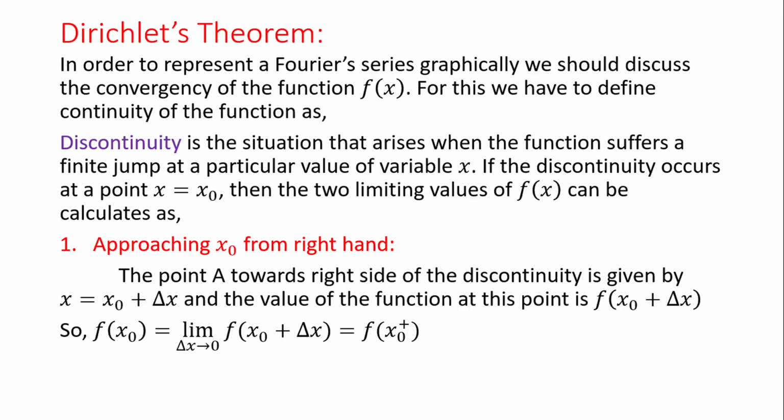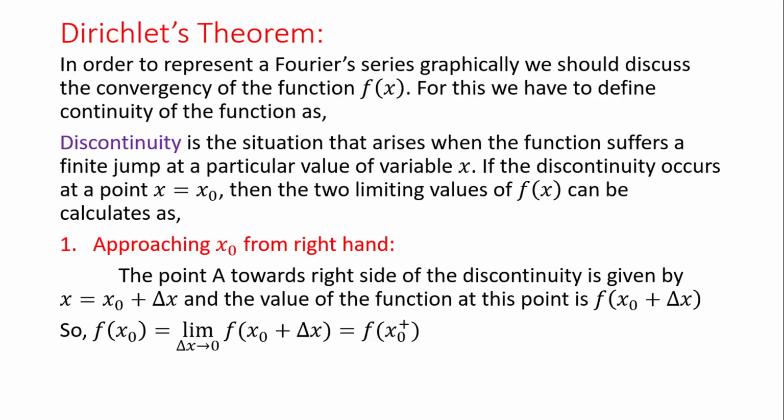Now, if point A is towards the right side of the discontinuity, that means point A has some greater value on the x-axis. Say point A is at x, that is equal to x0 plus delta x.